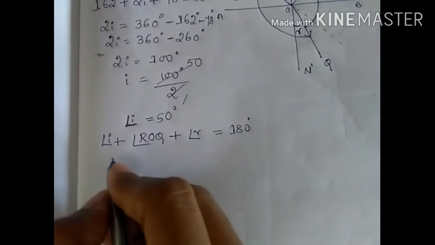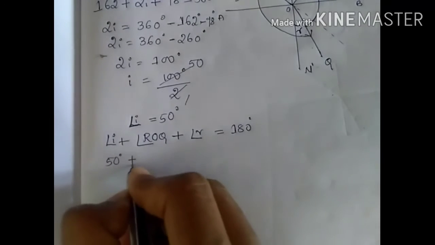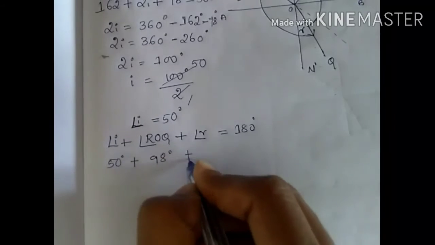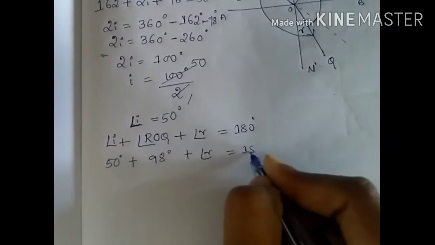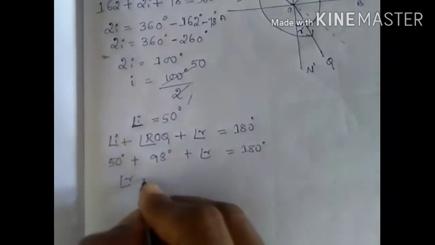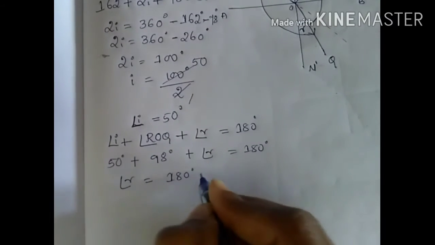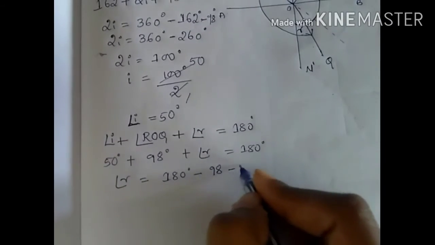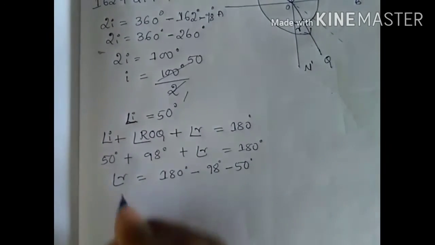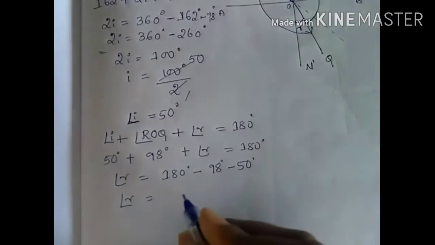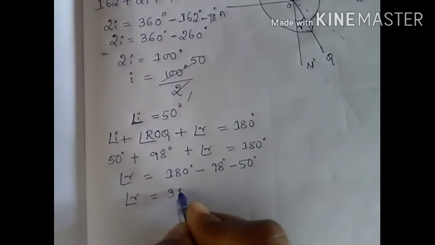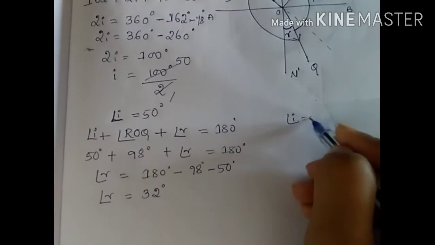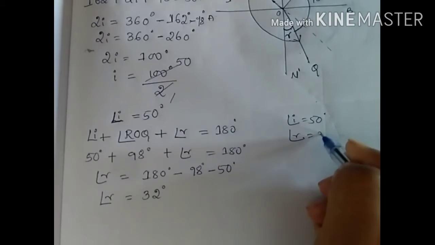Angle I, 50 degrees, plus ROQ, 98 degrees, plus R is equal to 180 degrees. So angle R is 180 minus 98 minus 50 degrees, which is 32 degrees. So angle I is 50 degrees and angle R is 32 degrees.